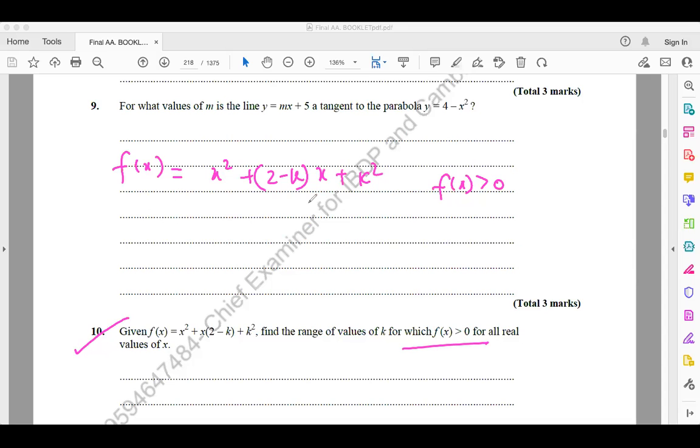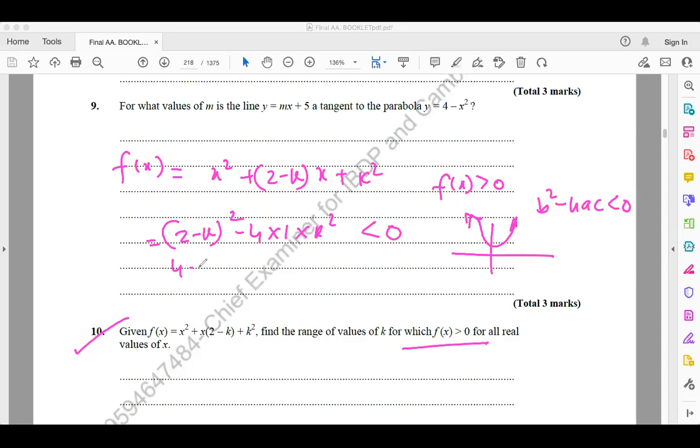When the function is greater than 0, the function is above the x-axis entirely, so the discriminant is less than 0. So you'll do (2 minus k) the whole squared minus 4 times 1 times k squared less than 0. So we get 4 minus 4k plus k squared minus 4k squared less than 0.